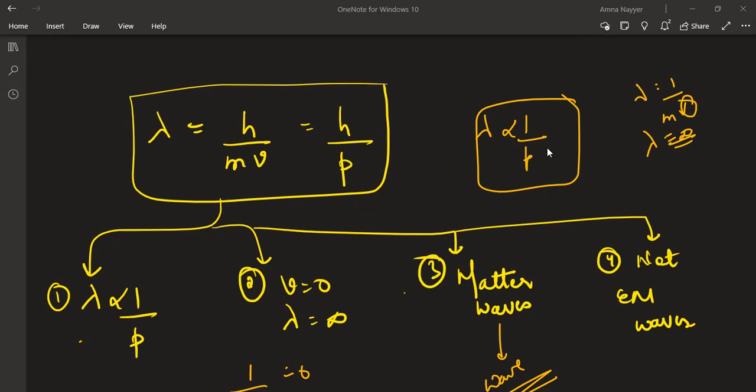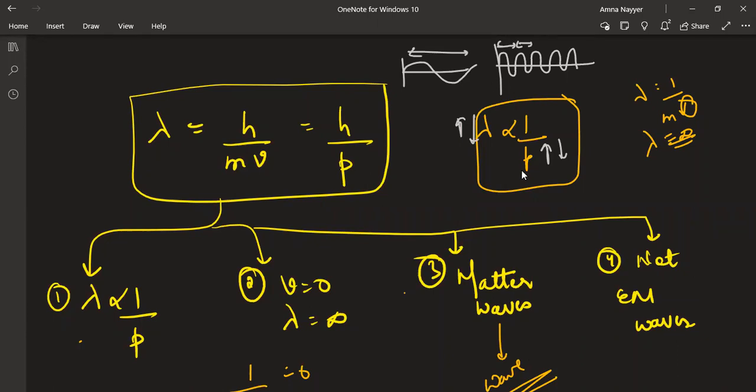This means if you increase the momentum of the moving electrons, wavelength will be less. Because if you increase the momentum, electrons will move faster, so wavelength will reduce. And if you decrease momentum, wavelength will increase. Because when you decrease the momentum, velocity will also decrease, electrons will be moving slowly, so you'll be getting a longer wavelength. First point.